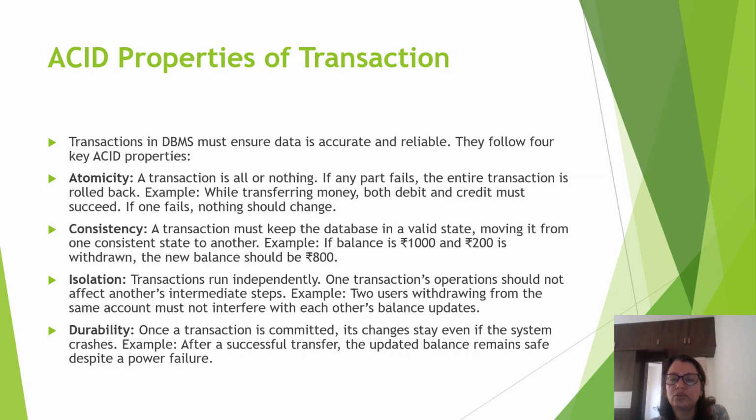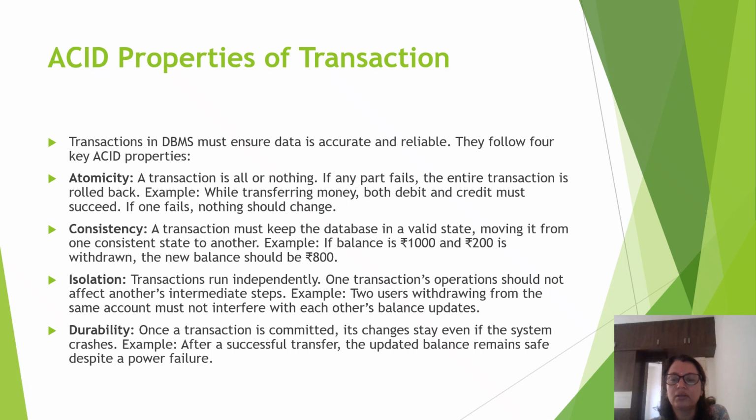That means 1,000 is deducted from account A and 1,000 is credited to account B. Then we can say this is a single unit of transaction.